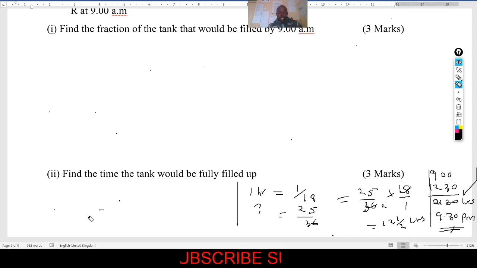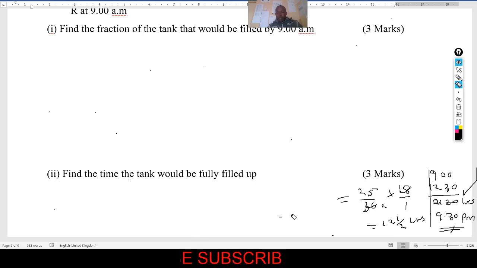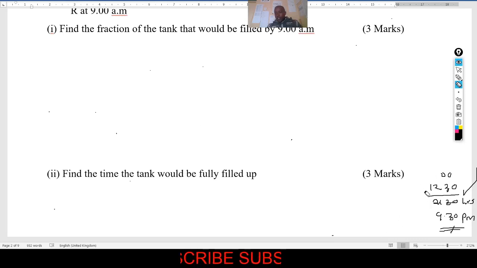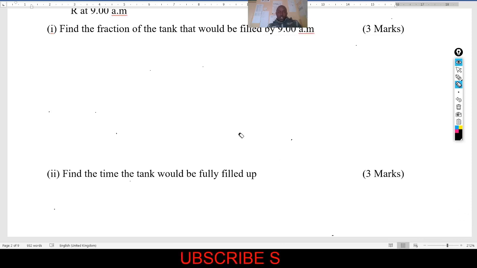You also go through it for your better understanding, because those are 2 different questions from the same topic. If you understand this concept and the other one on compound proportions, then you wait for the paper. If the question appears, I'm sure you'll do it well.